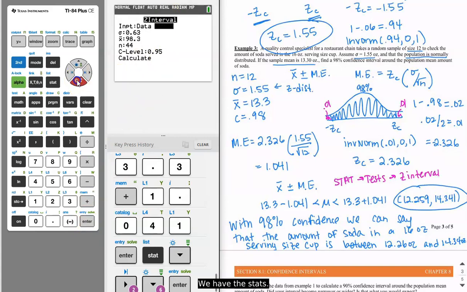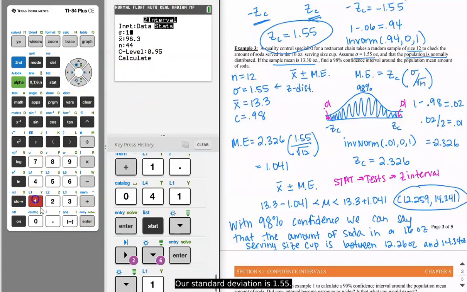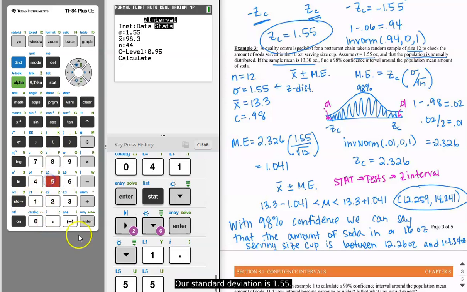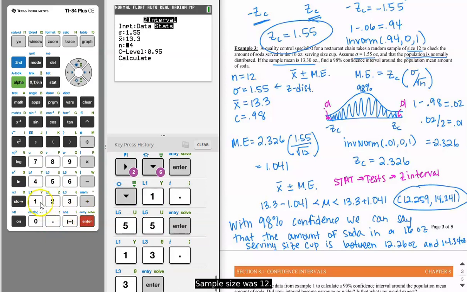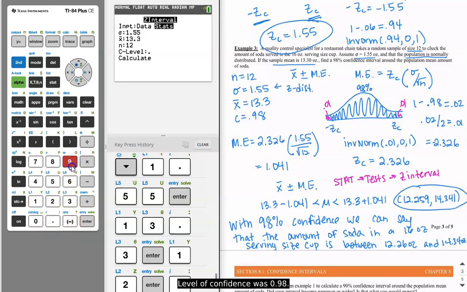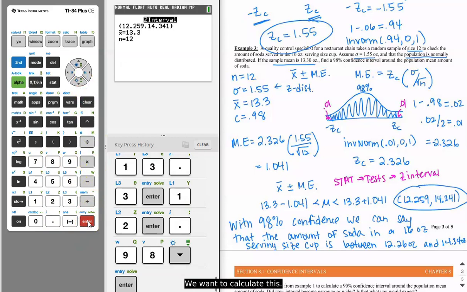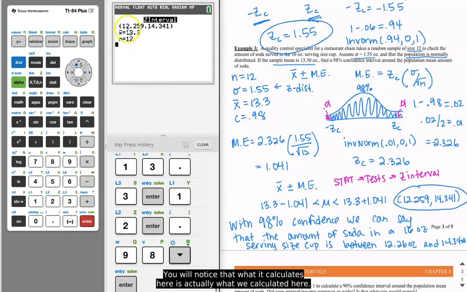We have the stats. Our standard deviation is 1.55. Our sample mean was 13.3. Sample size was 12. Level of confidence was 0.98. And we want to calculate this. You will notice that what it calculates here is actually what we calculated here.